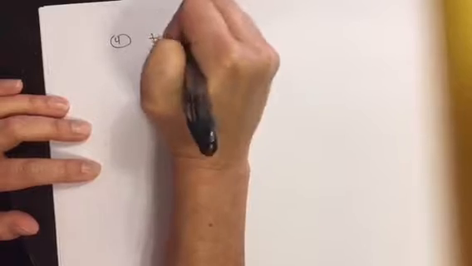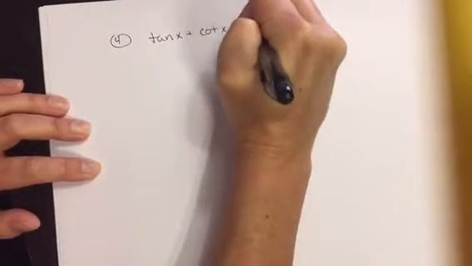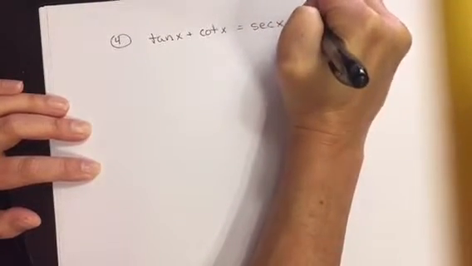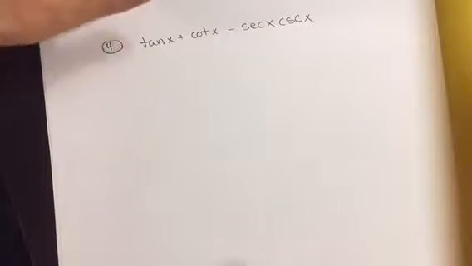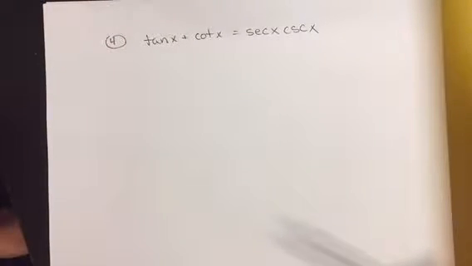So this is example problem number 4. Okay, I've got no fractions, no products, can't really use the Pythagorean identity. And they're all about equal here in terms of what's going on.